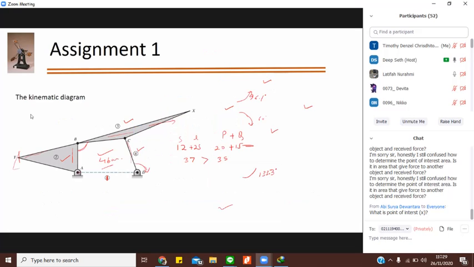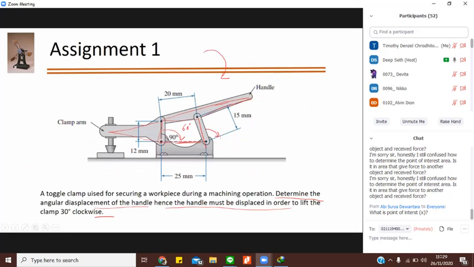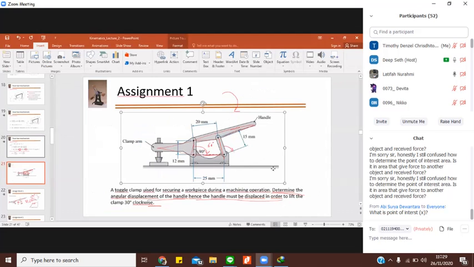No. Actually you have to draw it as a triangle because you have a handle over here. So when you see, let me just do it once. Oh, this is not able to delete. I think he's trying to ask how we can distinguish the link which has a point of interest and which does not.